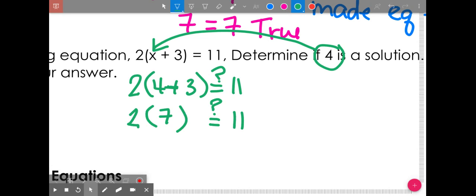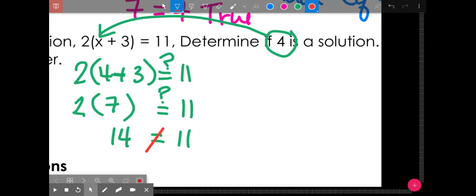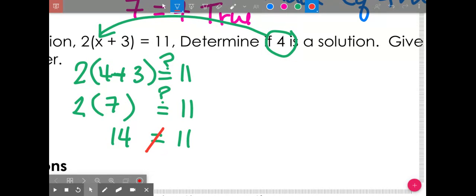Now, hopefully you're like, ooh, that looks weird, because 2 times 7 is 14. And we know that 14 most certainly does not equal 11. So this statement is false. It's a contradiction.